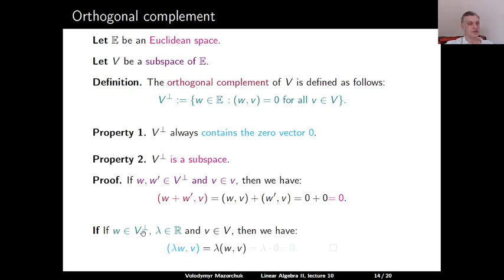Since w is in the orthogonal complement and v is in V, this inner product is 0, so we get lambda times 0, which is 0. And this shows that lambda w belongs to the orthogonal complement. So the orthogonal complement contains a zero vector and is closed with respect to taking sums and multiplication with real scalars. This means that it is a subspace of our Euclidean space.